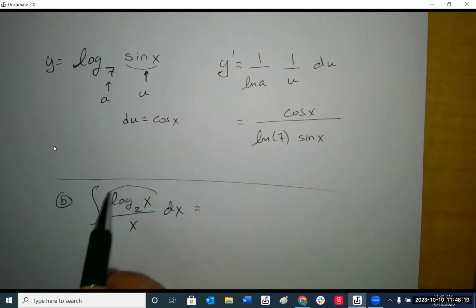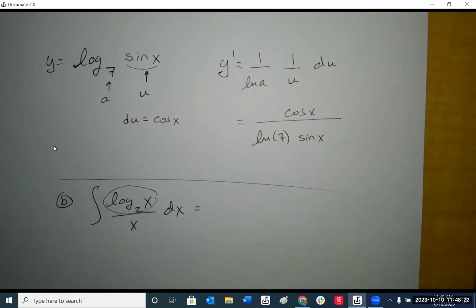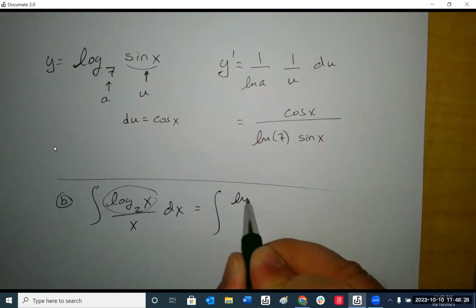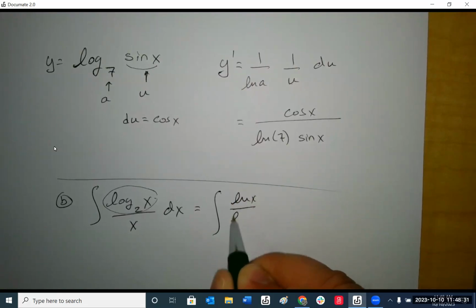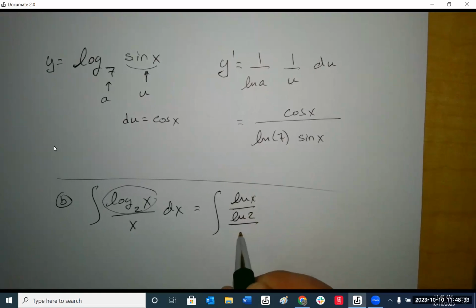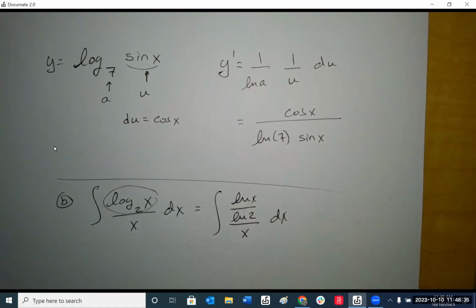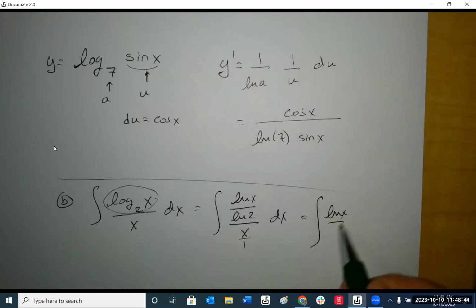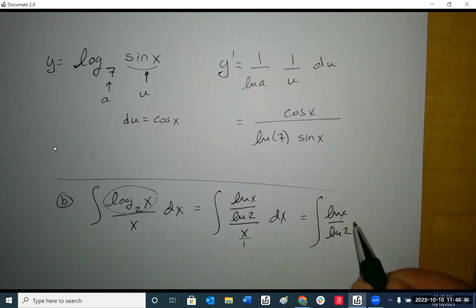So we have to do the same thing we've been doing in the past. So this top part becomes ln x over ln 2 divided by x over 1. So that's ln x over ln 2 times the flip of the bottom, dx.